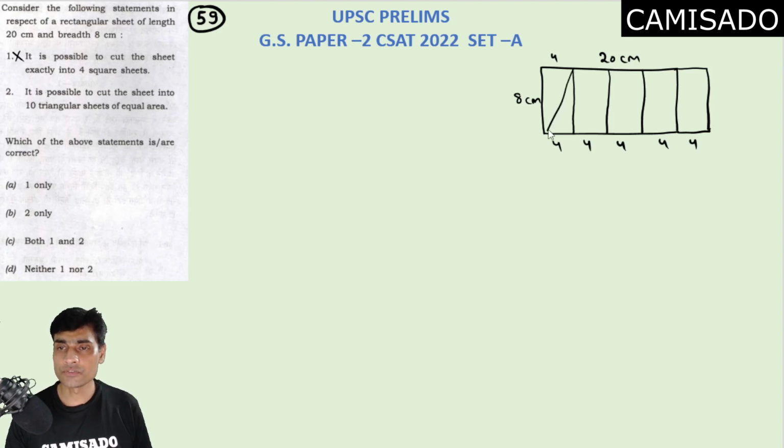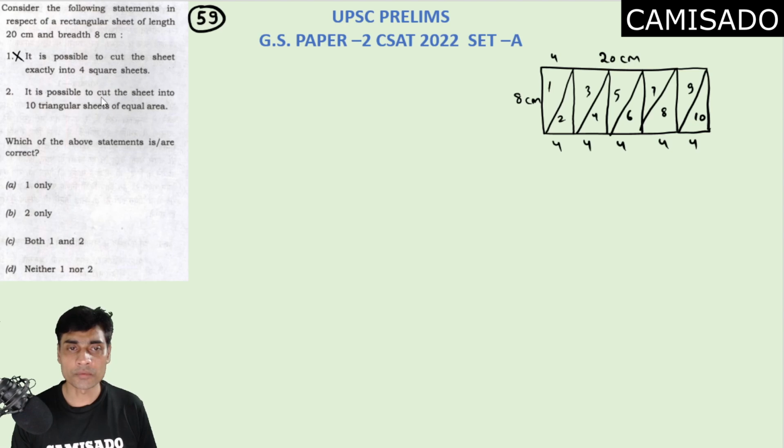Now diagonally if you cut it, you will find that all these are triangles having equal area, and triangle number 1, triangle number 2, 3, 4, 5, 6, 7, 8, 9 and 10. So yes, it is possible to cut the sheet into 10 triangular sheets of equal area. So 2 is correct. So the correct option is B. B is the correct option.